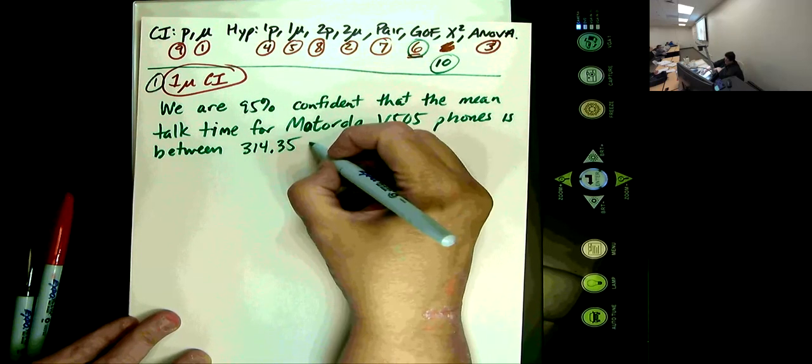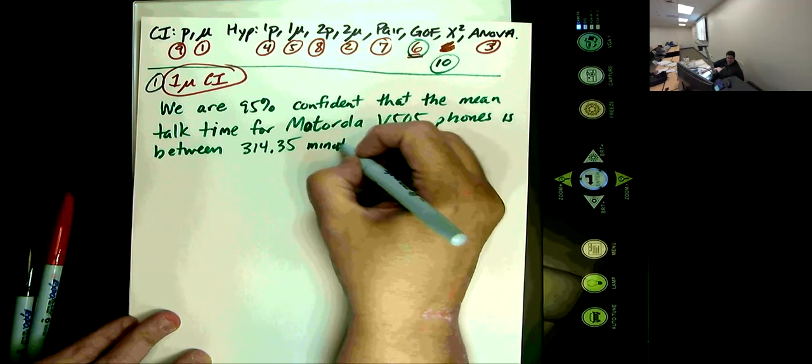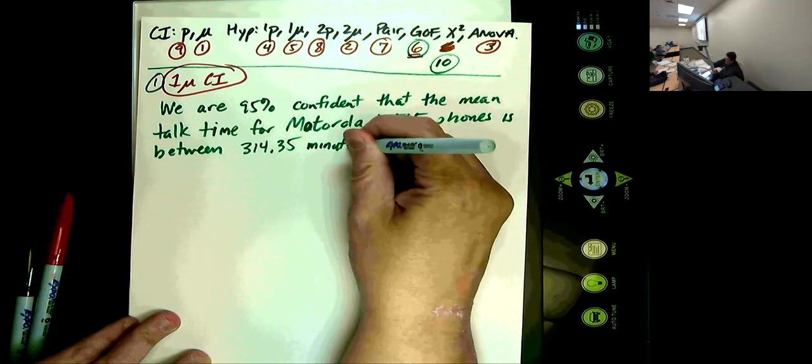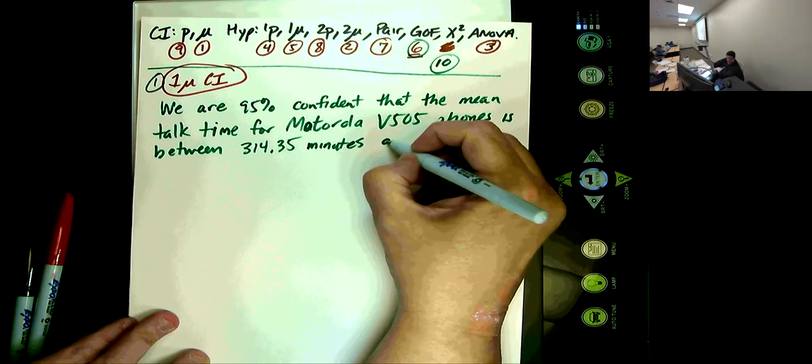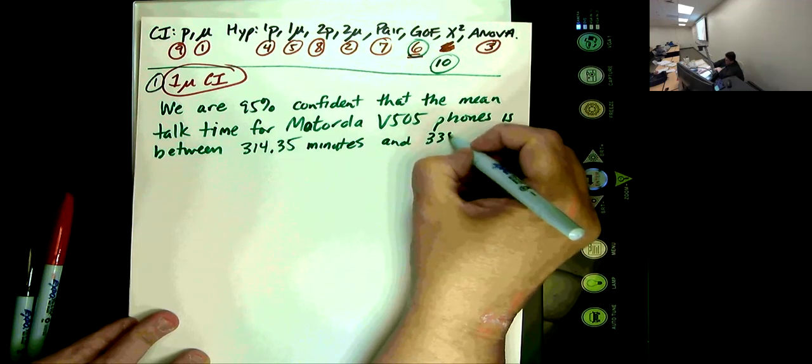That's in minutes, because it tells you the mean is in minutes, the standard deviation is minutes. So 314.35 minutes, and the upper limit is 335.65 minutes.